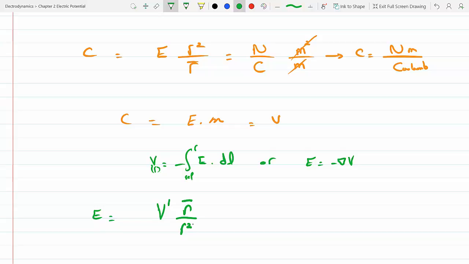Right? Which means this has to equal the gradient of V prime.